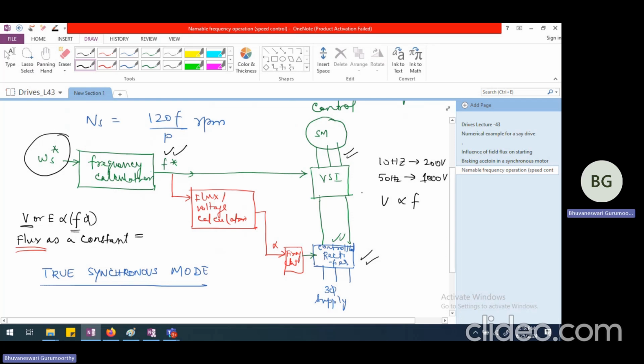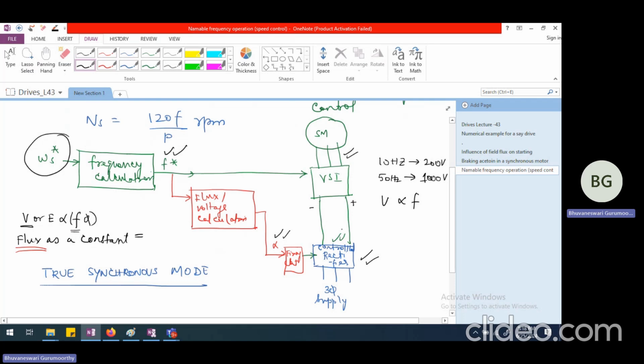So voltage and frequency should be proportional to each other, and correspondingly the voltage will be adjusted by adjusting the firing angle of a controlled rectifier. The controlled rectifier output will be fed to the voltage source inverter, and the output of the inverter will be fed to the synchronous motor.